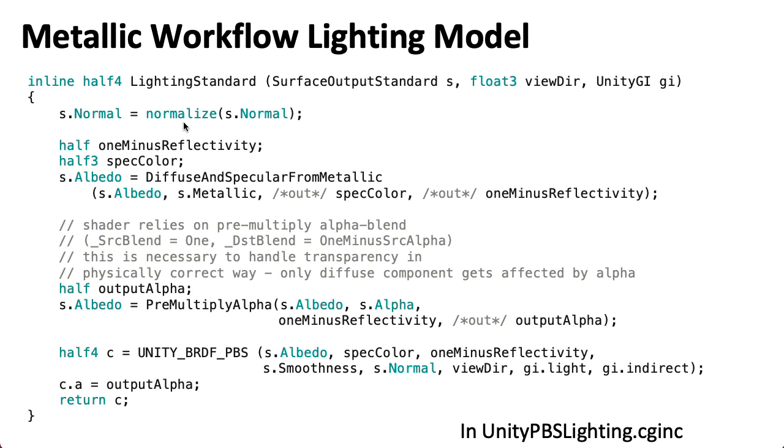And let's see what it does. It normalizes the normal, so I'm guessing it's not trusting that the normals actually come in normalized. And then basically it computes this BRDF function for the physically based shader. This is the same function that we looked at in the last lecture when we looked at the built-in standard shader. Now, the standard shader is not itself written with surface shader technology.